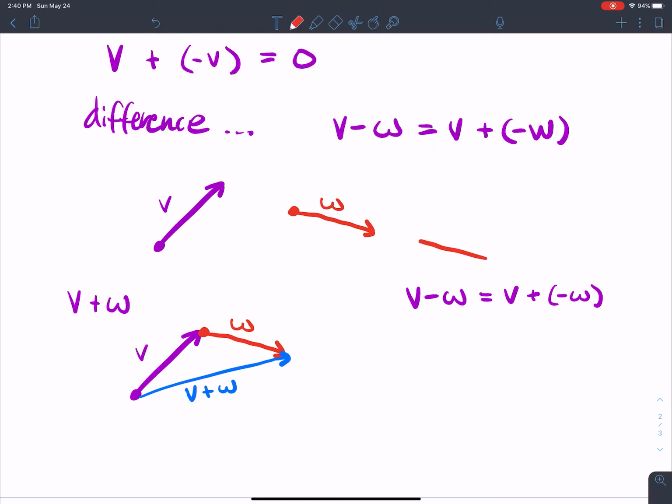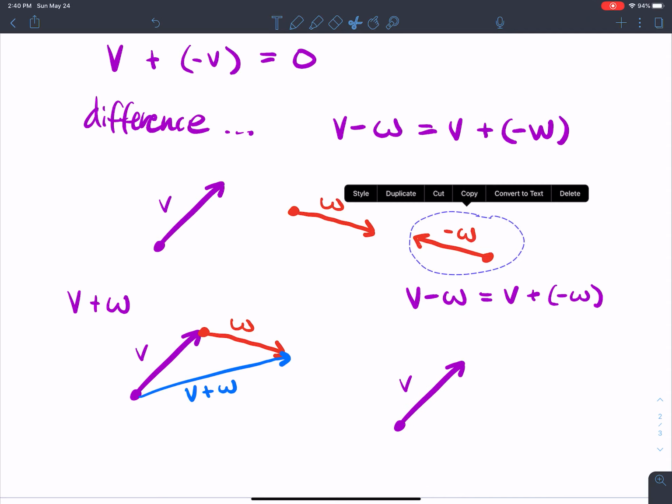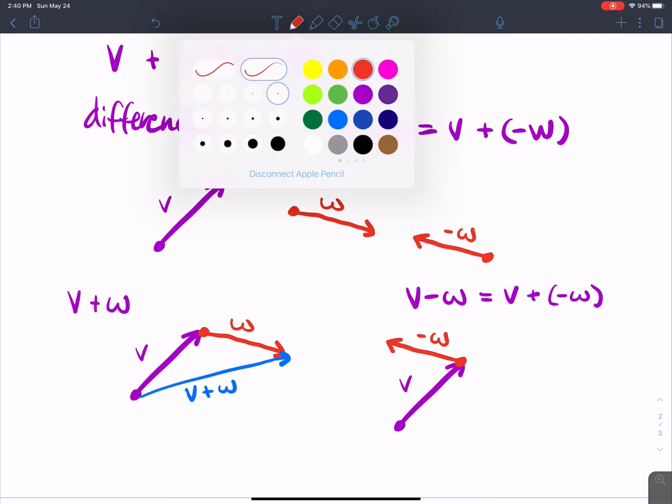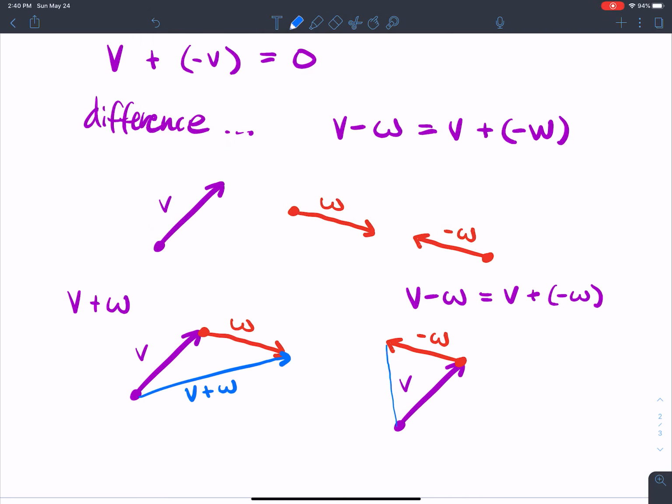Negative W looks like this. It's the opposite, same magnitude, just the opposite direction. So V plus a negative W looks like that. So now this is V minus W here. Very different. These two are not equal to each other.